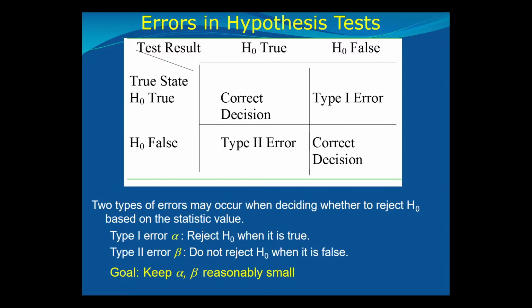So from this table, we have two wrong conclusions, with type 1 error and with type 2 error. The goal in hypothesis testing is to keep alpha and beta reasonably small.